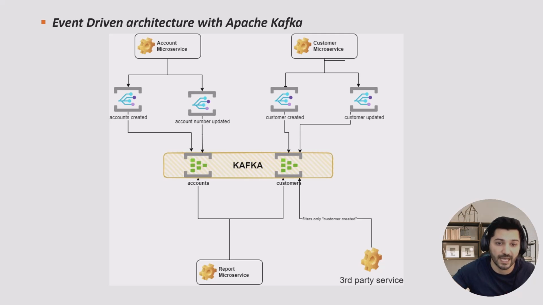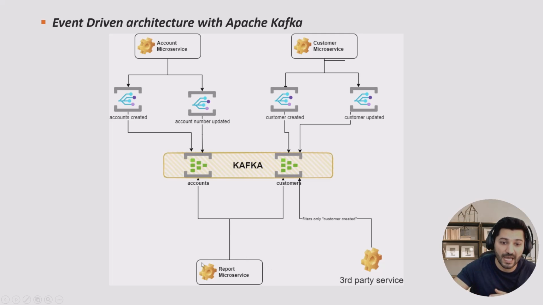In the middle, we have Apache Kafka. This is our account microservice. This is our customer microservice, and the account and customer microservices are producing events that happened in the past. For example, the account microservice will produce an account created event and an account number updated event. It doesn't matter. All the operations and changes in the account microservice are going to be events, and these events will be produced to Apache Kafka, and Apache Kafka will store this data as binary, okay?